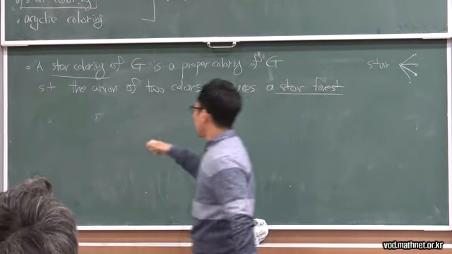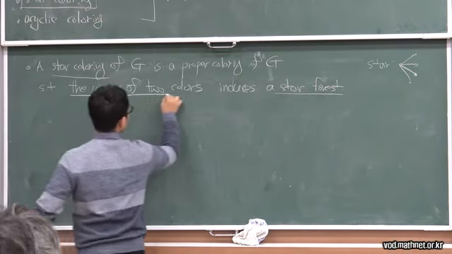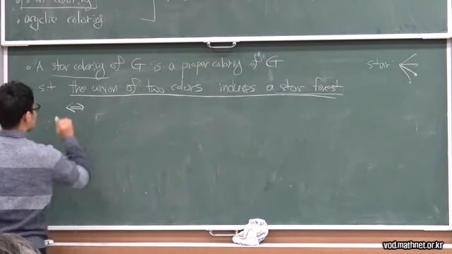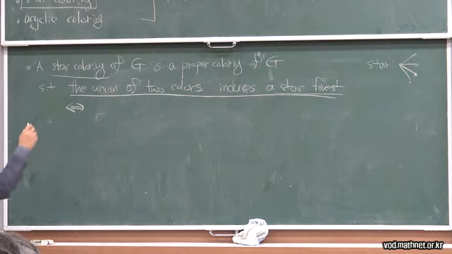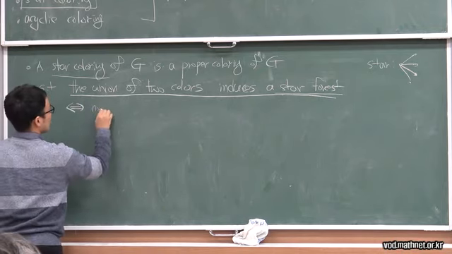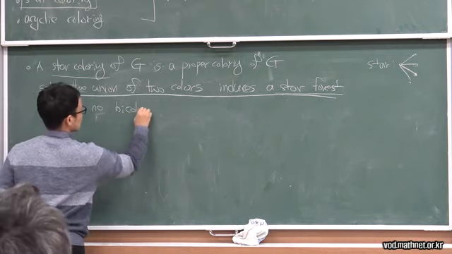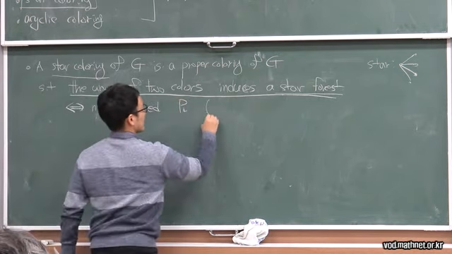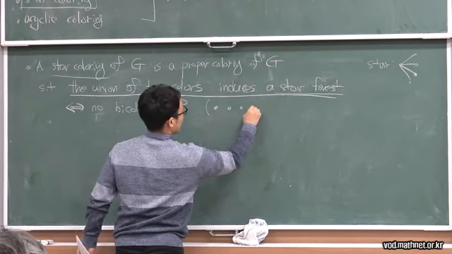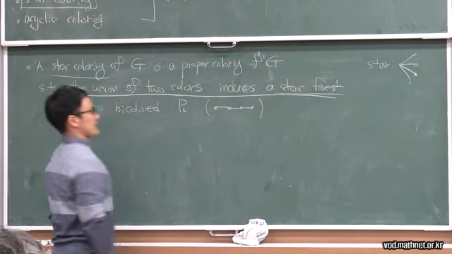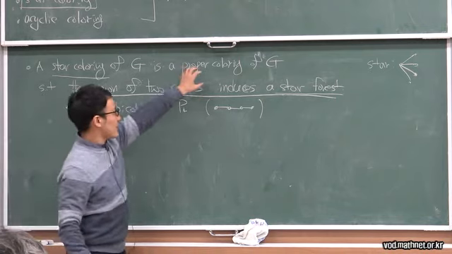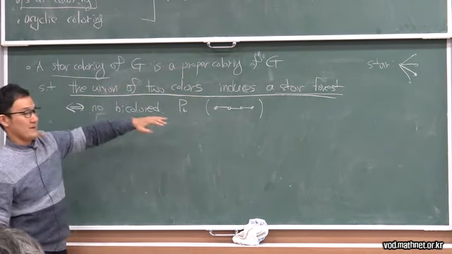Equivalently, this definition says there is no bicolored P4. So a star coloring of G is a proper coloring with no bicolored P4.